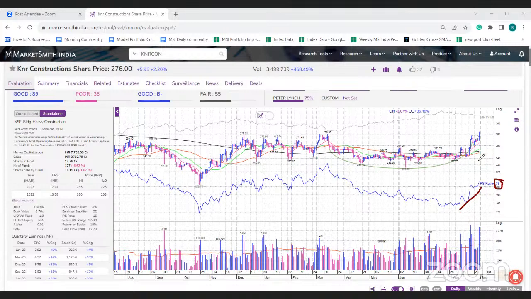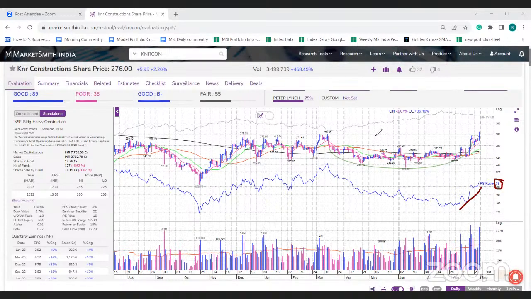But one thing that's hanging over here is the payment from the irrigation projects, because KNR takes a lot of irrigation projects, and with the state elections now, especially where elections are happening, they had quite a lot of projects. So the payment cycle might get disturbed a bit, and that's what the market generally doesn't like in such kinds of stocks.